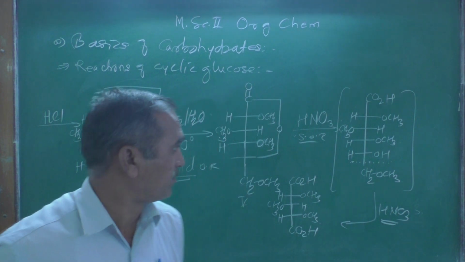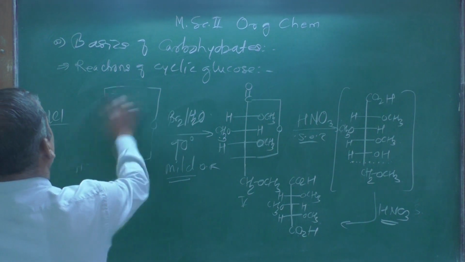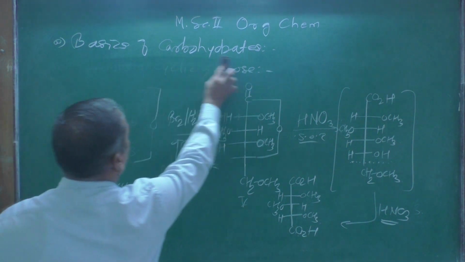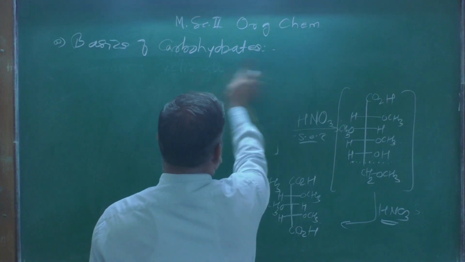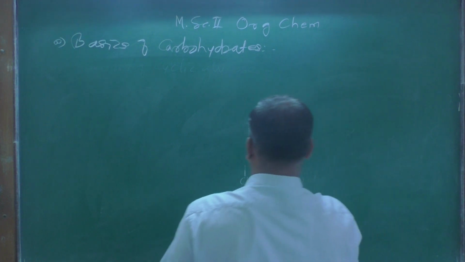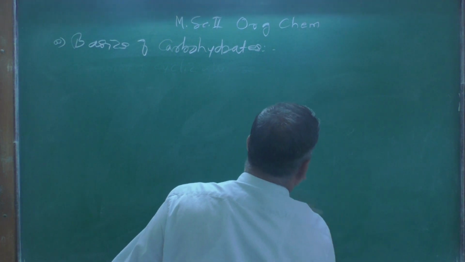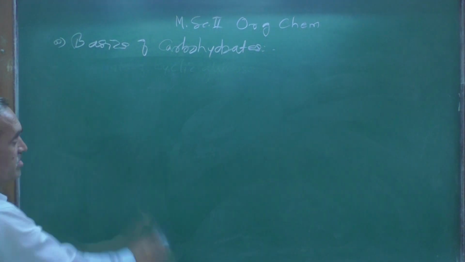The next point we are going to learn, let's see. Let's clean the board first, and then we will see the next point of discussion. And what is that point?